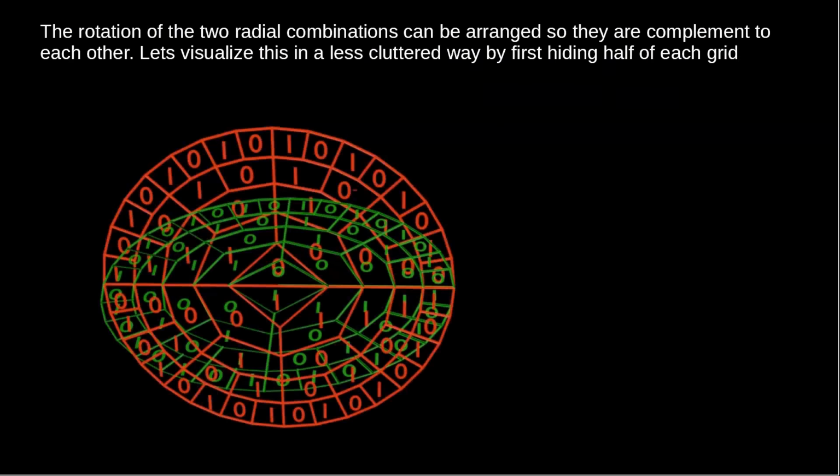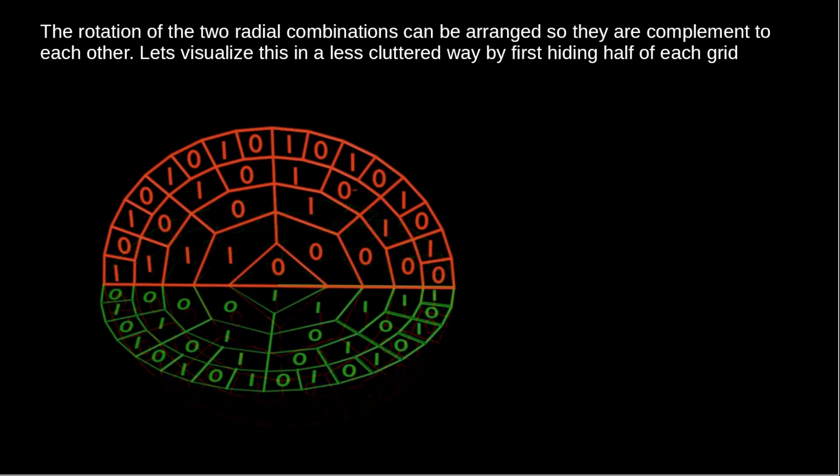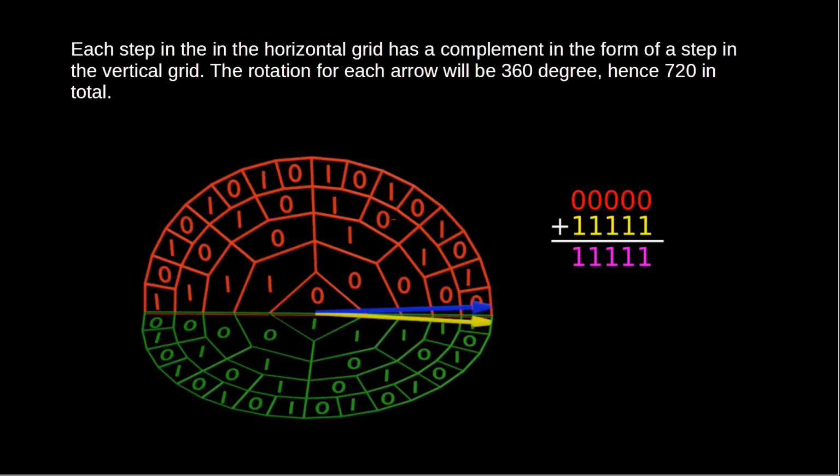The rotation of the two radial combinations can be arranged so they are complement to each other. Let's visualize this in a less cluttered way by first hiding half of each grid. Each step in the horizontal grid has a complement in the form of a step in the vertical grid. The rotation for each arrow will be 360 degrees, hence 720 degrees in total.